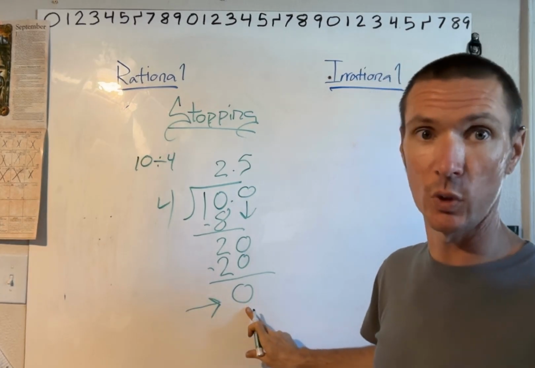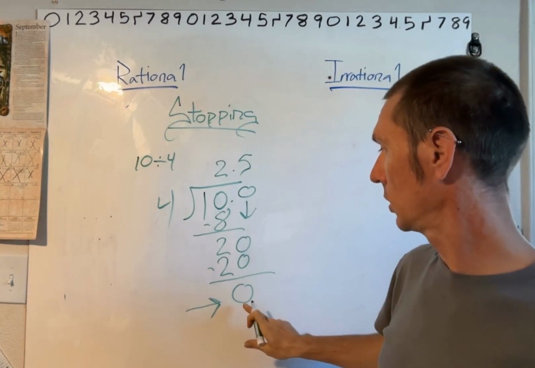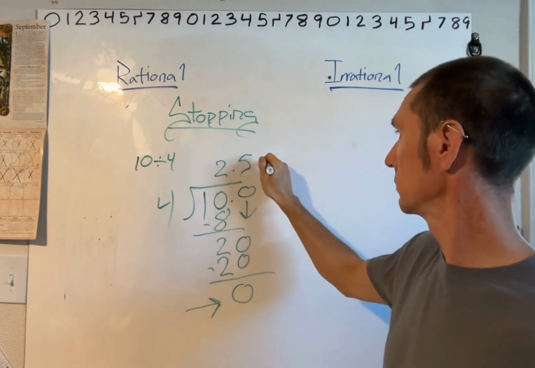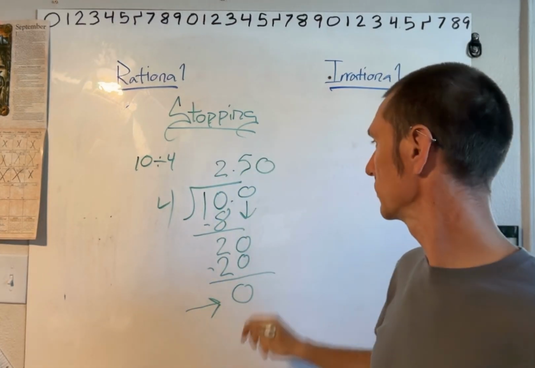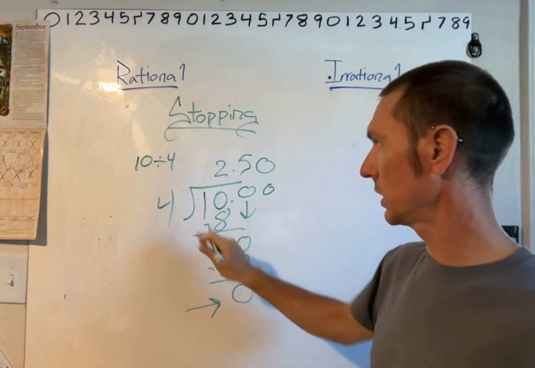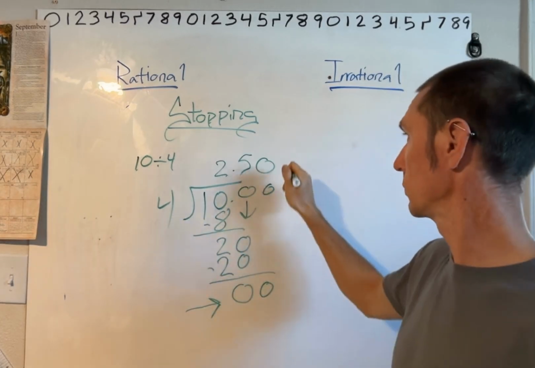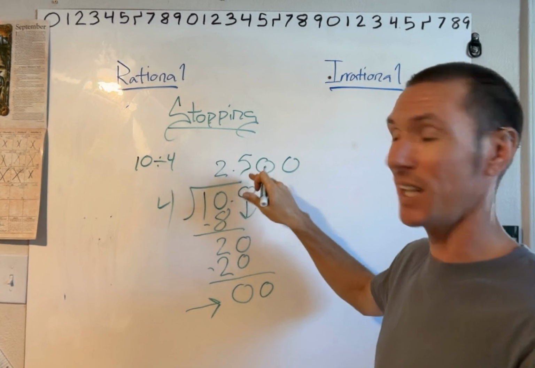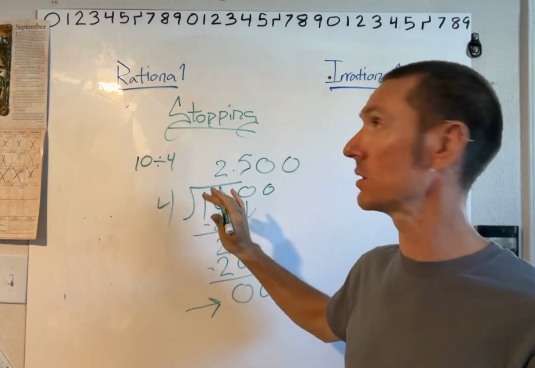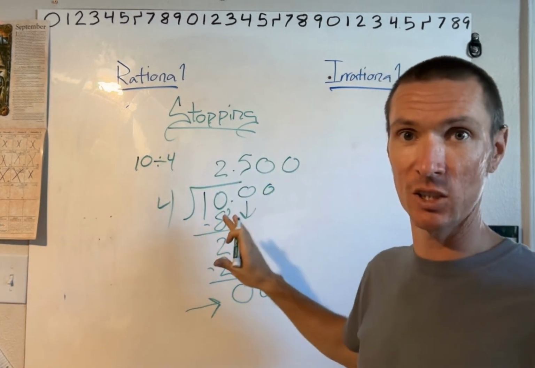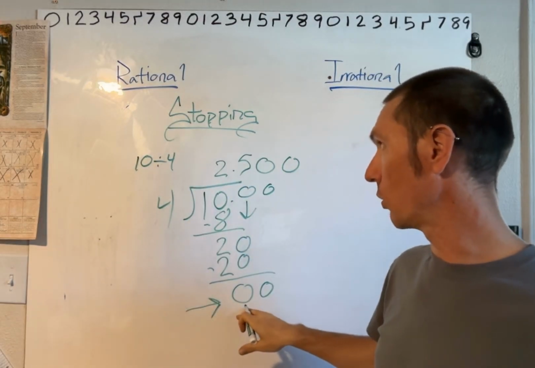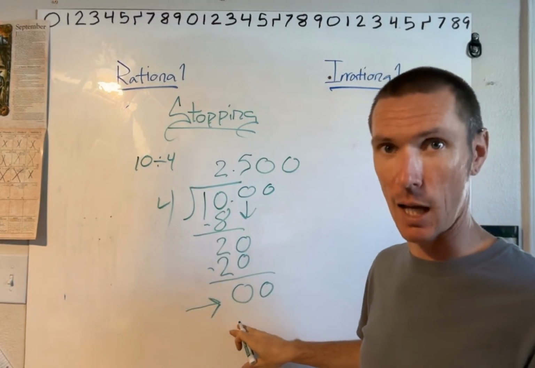We hit a 0. As soon as you hit a 0, how many times does 4 go into 0? 0 times. Bring down a 0. How many times does 4 go into 0? 0 times. You hit a 0. You hit a stopping point. That is the important thing to know about rational numbers, is that they will always come to a stop.